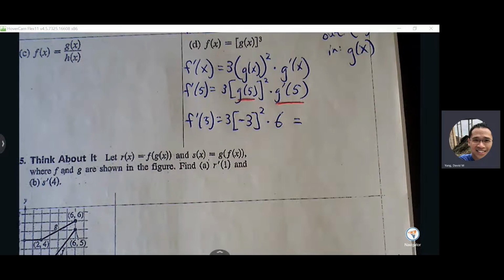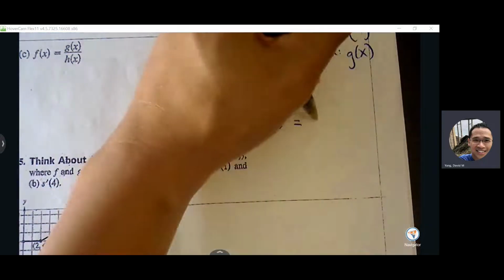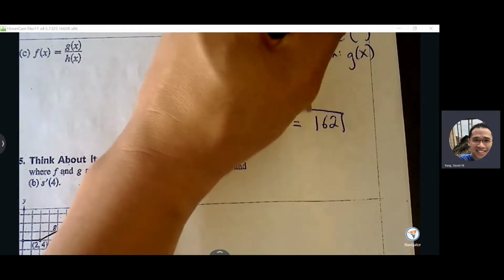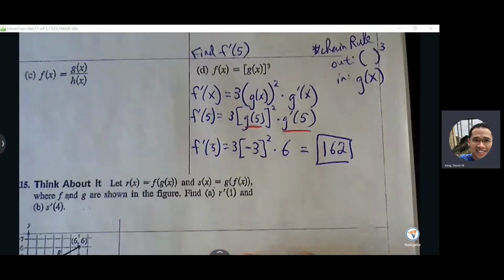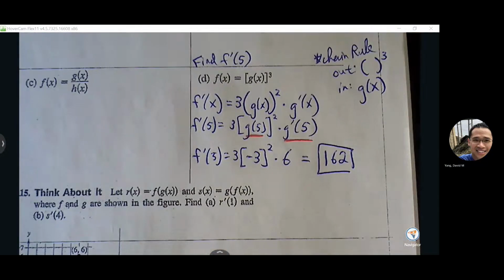Okay, multiply that out, 3 times 9 times 6. You will get to use your calculators on your test on Friday. All right, any questions there?